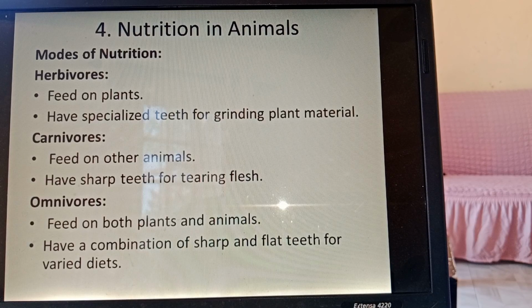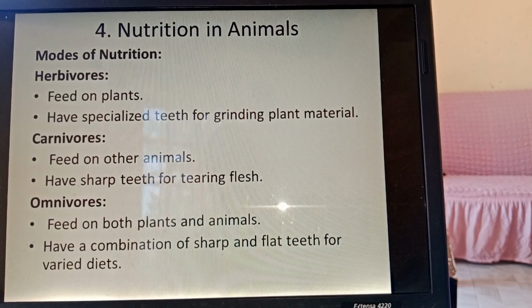Then we have carnivores, which feed on other animals and have sharp teeth for tearing flesh. And you have omnivores, which feed on both plants and animals and have a combination of sharp and flat teeth for very varied diets.